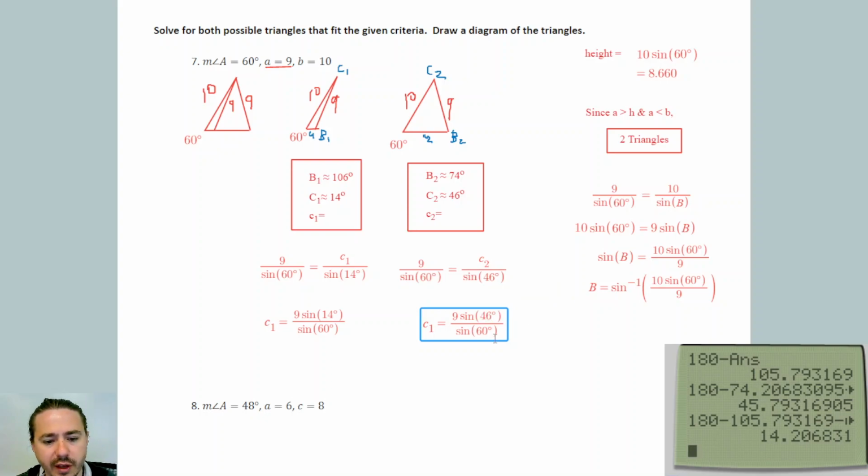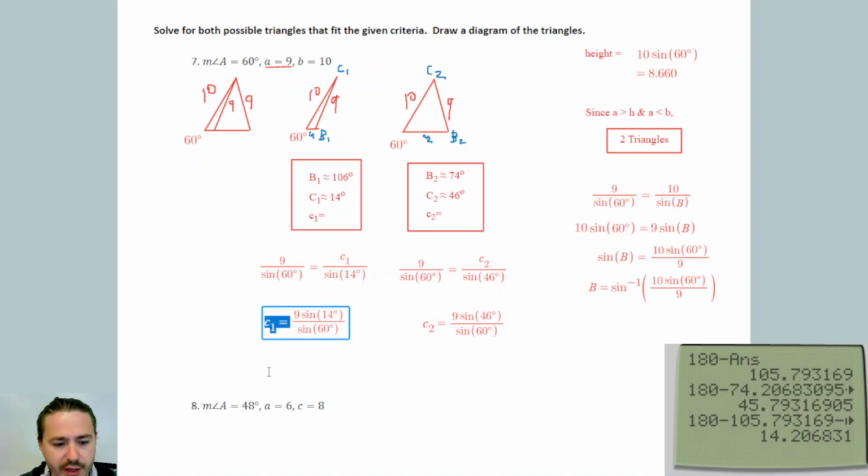The other stuff will be the same. So C1 is going to equal whatever I get from the calculator, and then we'll have a value for C2 as well. Okay, and we'll put those here and here. So let's go ahead and start typing that in.